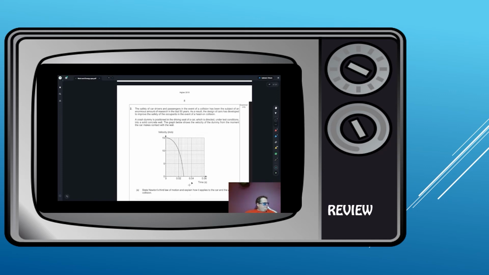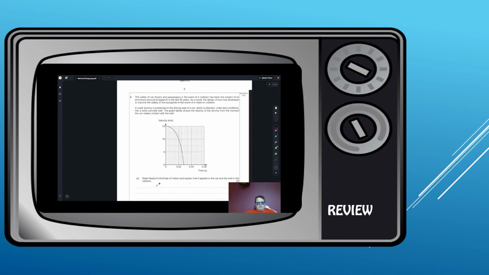Interesting. That's not the right mark scheme then, is it? Let me just check that it's not the separate one and I've mislabeled it. No, it's not there. Ah, that's interesting.